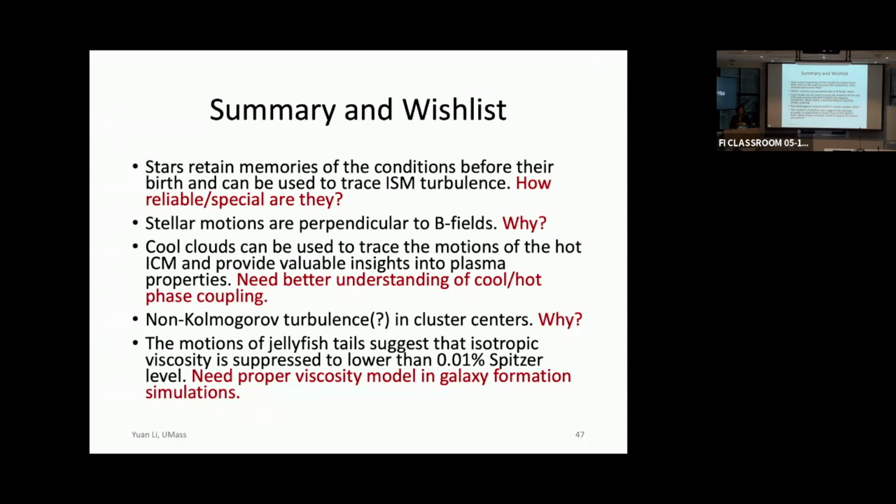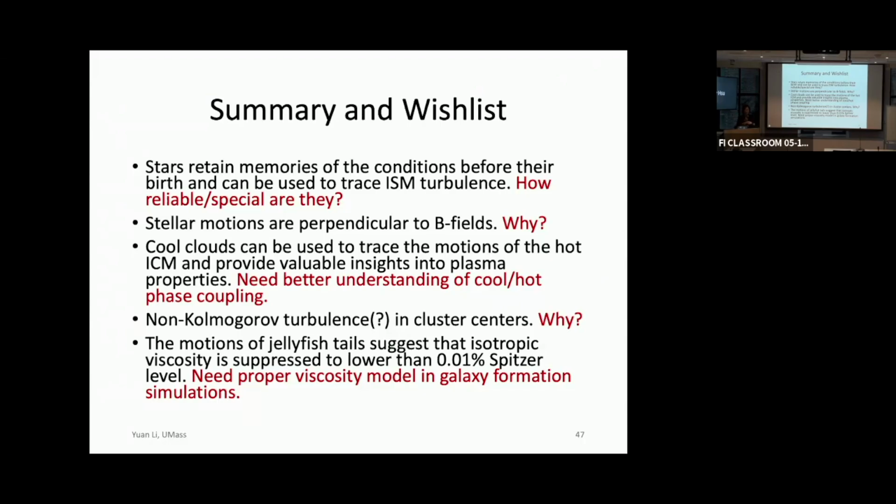And in clusters, I think I've shown you that cool clouds can be used to trace the motions of the hot plasma, which is hard to observe directly. And the cool clouds can provide valuable insights into plasma properties. But we do need a better understanding of the cool-hot phase coupling, and that's something theorists can work on.